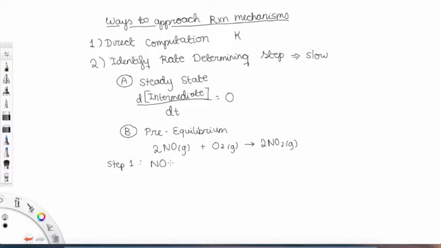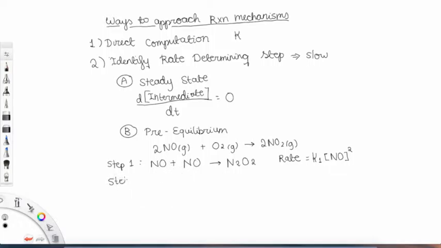That's the combination, so that's why it's bi, because you have two molecules of NO dimerizing to form N2O2. And so the rate for this step would be written as k1 [NO]^2, because you have two of each.